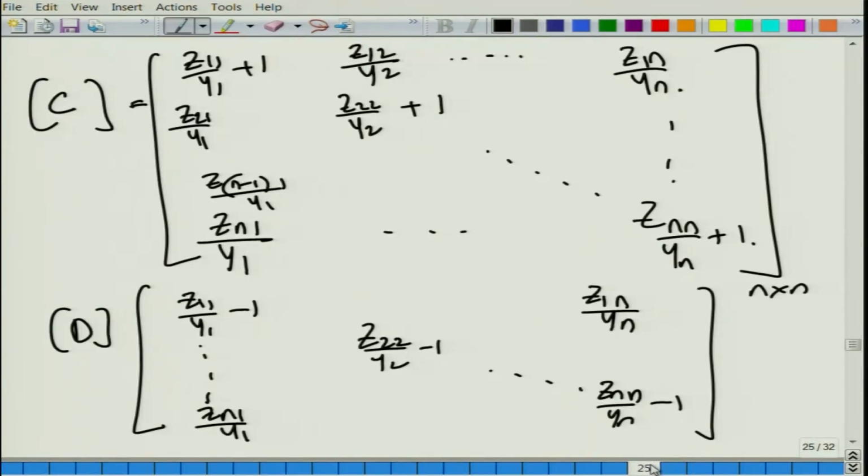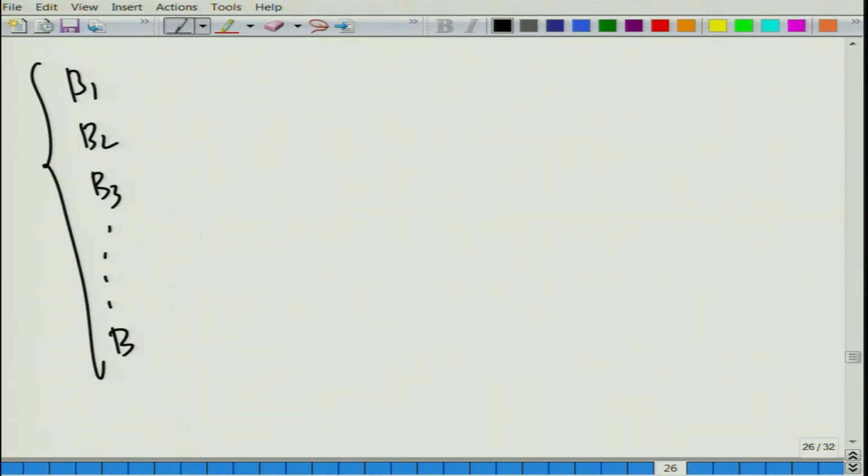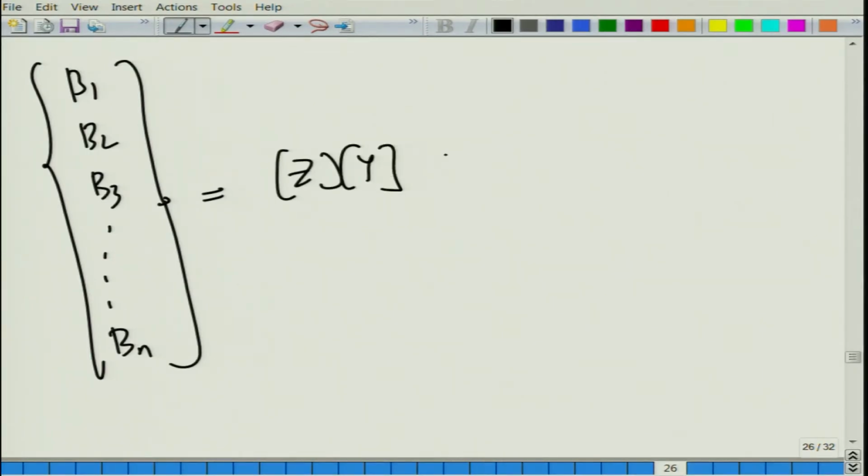So, this can be written in a much more compact manner, where your B vector, I would say B vector, or the vector of the reflected wave amplitude. So, let me write it down in the full blown out form itself: B1, B2, B3, Bn is equal to S matrix, but this can be written in the form of Z matrix, and Y, which you should remember, this is a diagonal matrix.